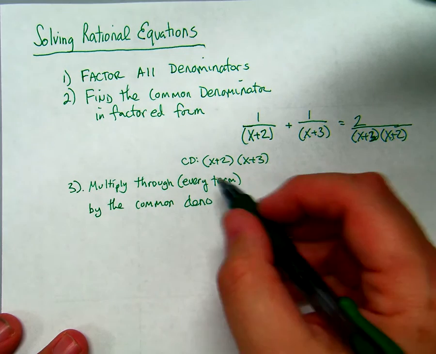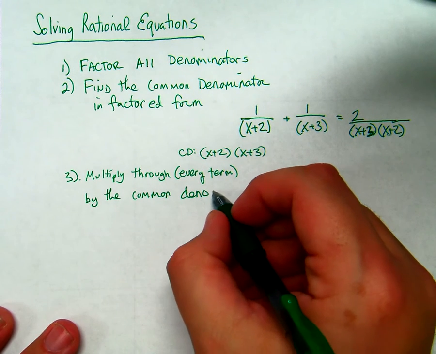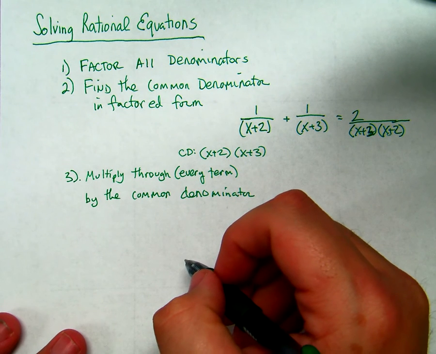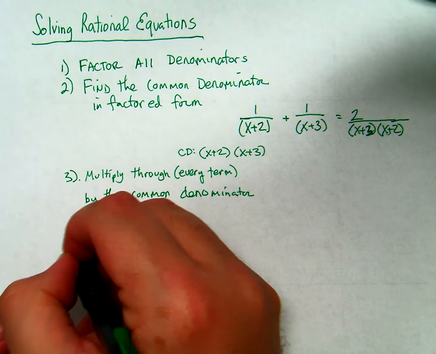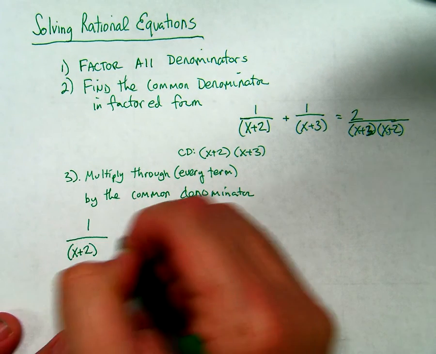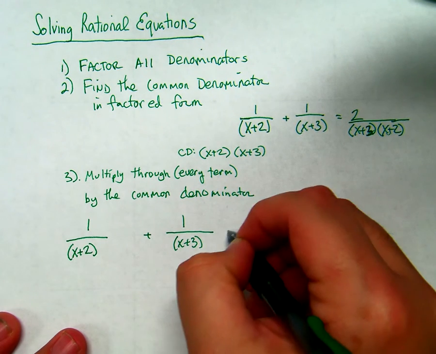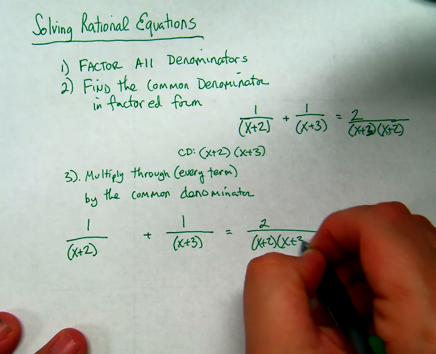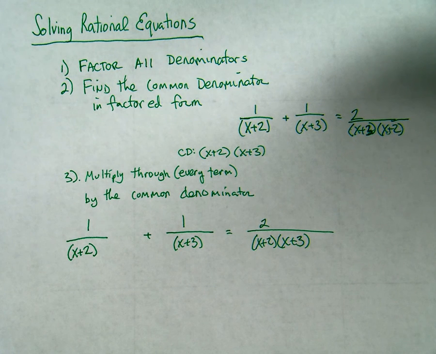multiply every term, and I say multiply through, but multiply every term by the common denominator. Now, I'm going to demonstrate this, show you exactly what you need to do.